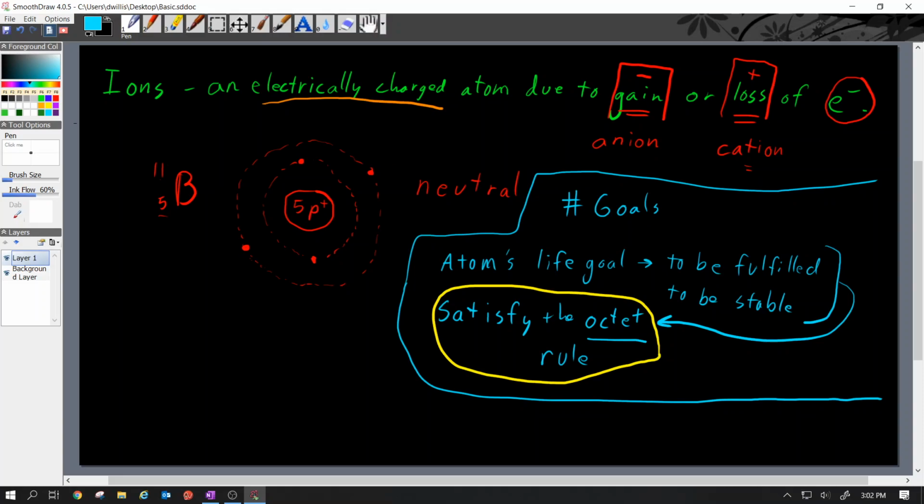And the octet rule means what? For it to have a full valence shell, which usually will mean 8. In the case of helium or hydrogen, it means 2. All right. So to satisfy the octet rule, which I'm just going to say is 8 valence electrons in the outer shell.